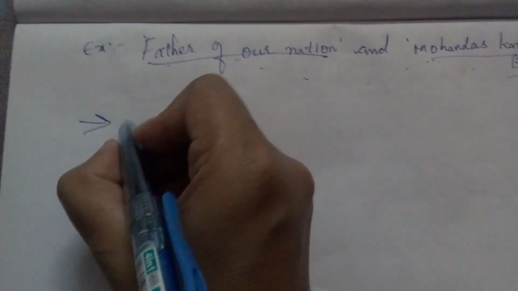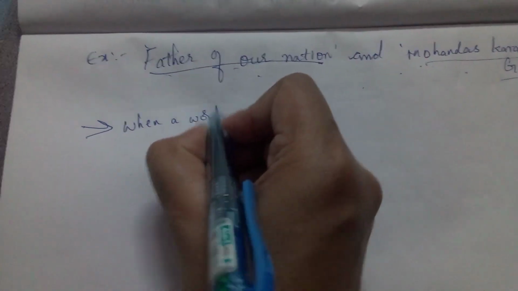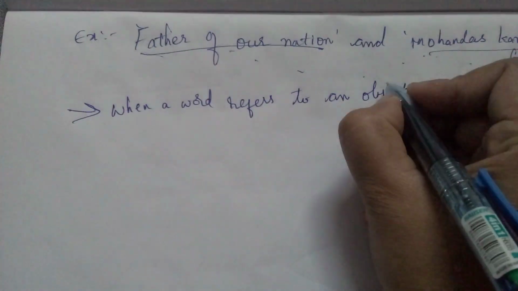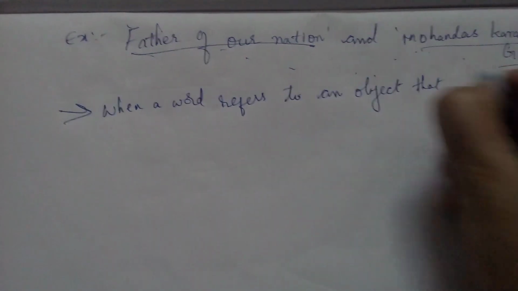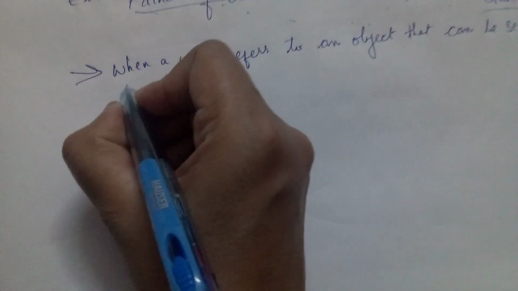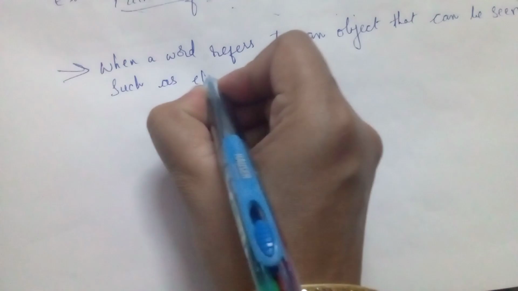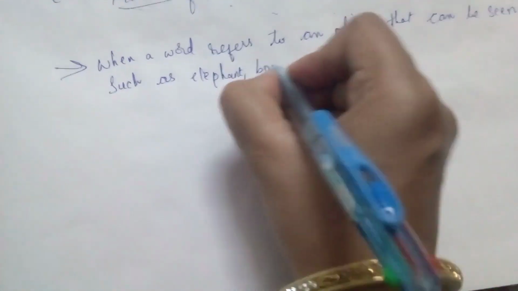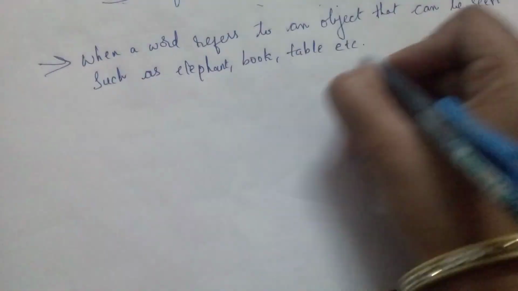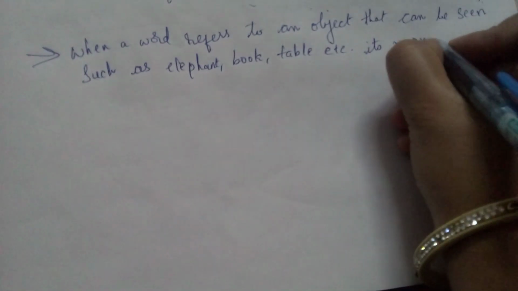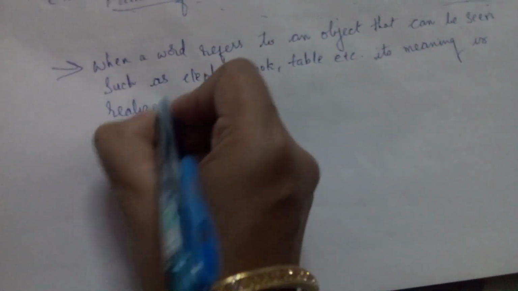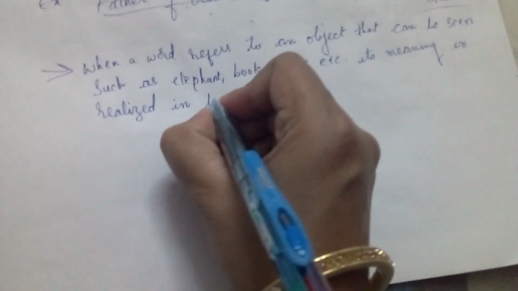Here, when a word refers to an object which can be seen, such as elephant or book, table, etc. So for this, its meaning is realized in terms of reference.